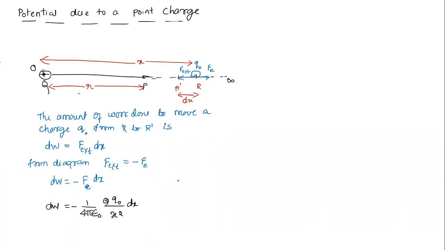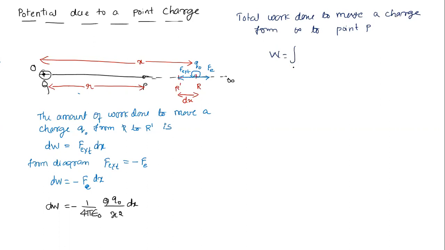Then we're going to find the total work done to move a charge from infinity to point P. W is equal to the integration from infinity to point P, which is at a distance of R, of dW.